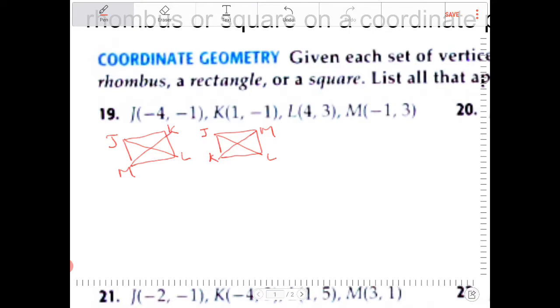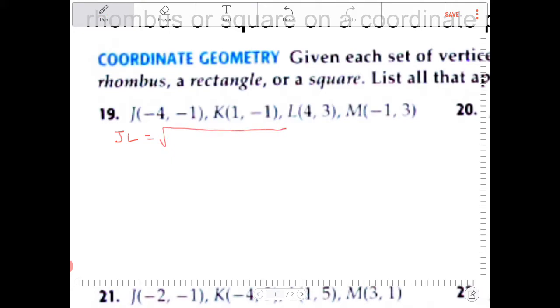The diagonals can very quickly tell us whether they are perpendicular bisectors of one another, and if they are, then it is either a square or a rhombus. To make it more specific, we then need to determine the length of the diagonals. Let's get to it. Let's find the length of the diagonals, because then we can tell whether or not this is a rectangle, if they have the same diagonals.